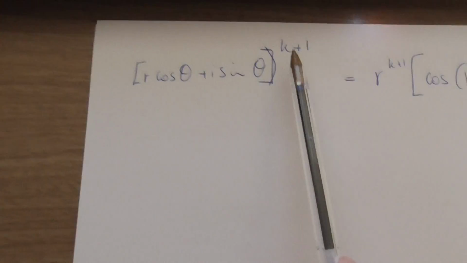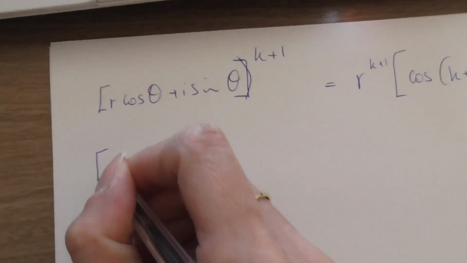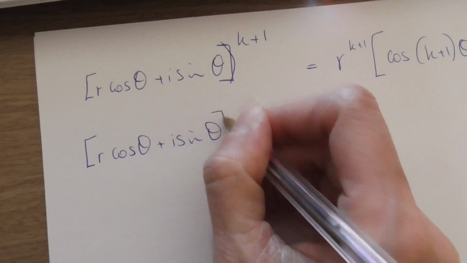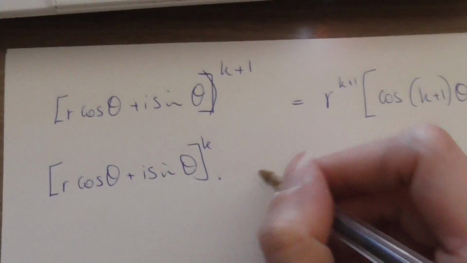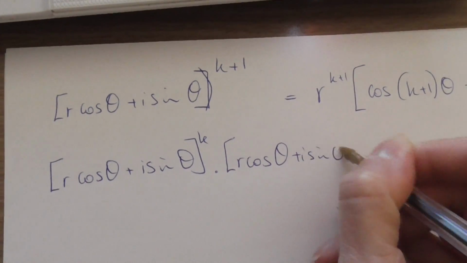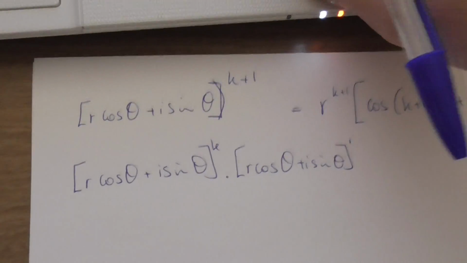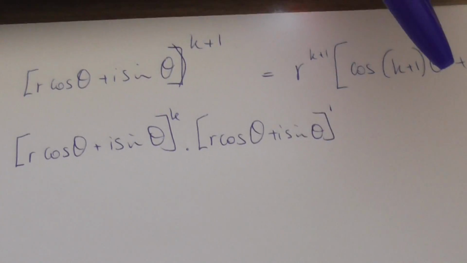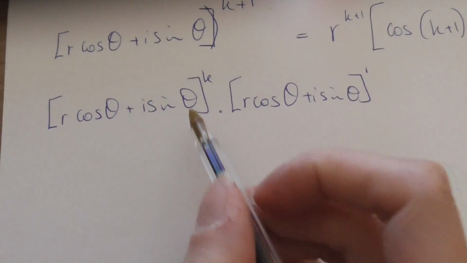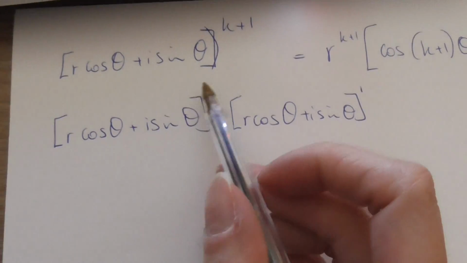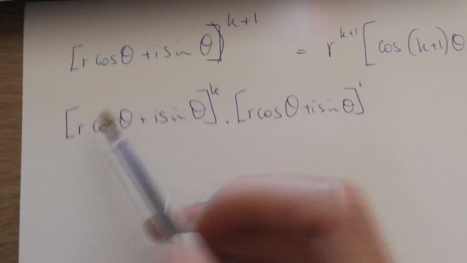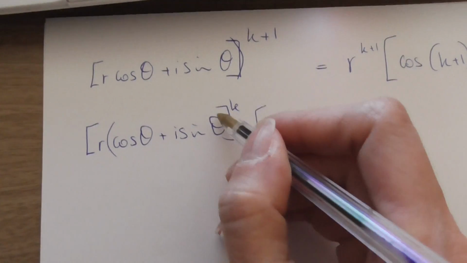So this can now be split up: r cos theta plus i sin theta to the power of k, multiplied by r cos theta plus i sin theta to the power of 1. That is all to the power of k plus 1 when you work it out. Now, from this part here, I am going to apply de Moivre's theorem. So bring down the power in front. Sorry, there should be a bracket around that.